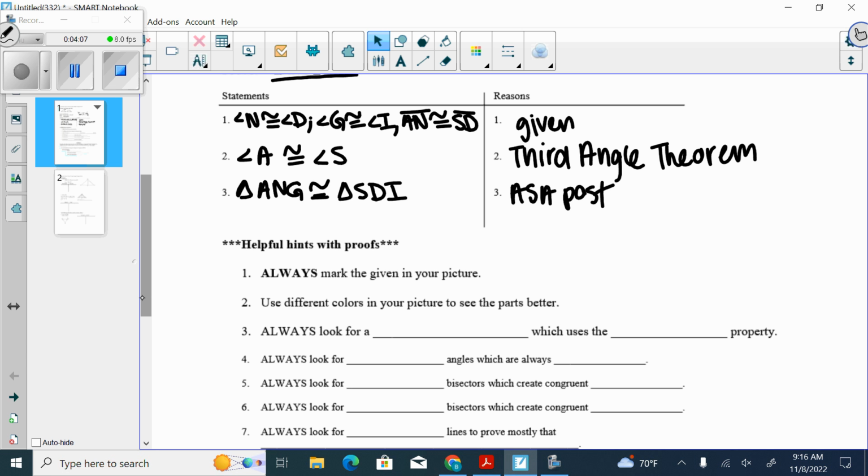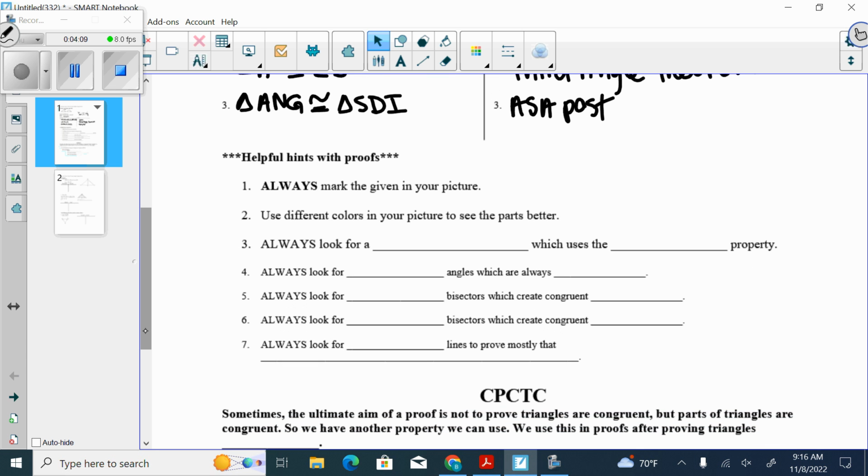Okay. But on top of all that, we said that there are certain things that we're allowed to add in that they may not have marked for us, right? So you always need to look for those pieces. First of those being a shared side. If I have a shared side, what's the reason for it in my proof?